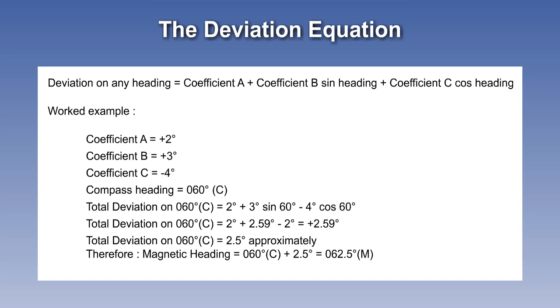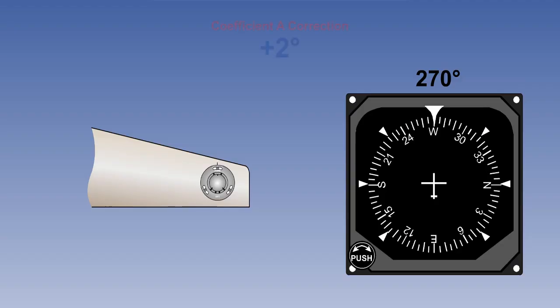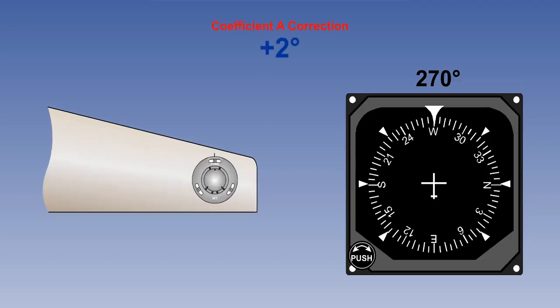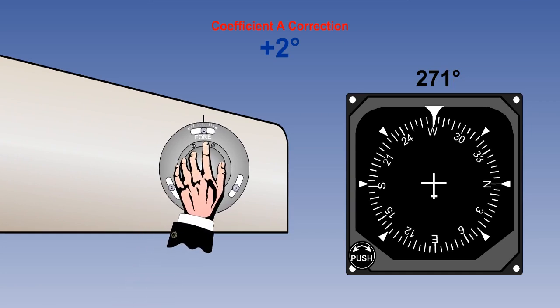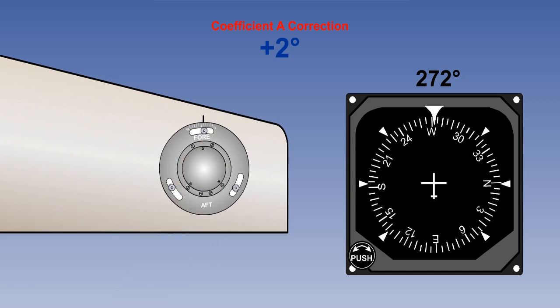Note that the deviation is applied in the sense that it is the correction required to convert compass heading to magnetic heading. If deviation is positive, magnetic heading is greater than compass heading. Error due to coefficient A is removed by turning the compass to realign the lubber line with the fore and aft axis of the aircraft.